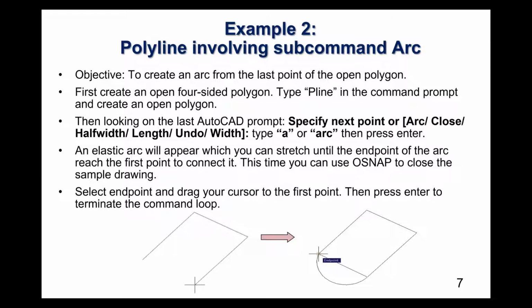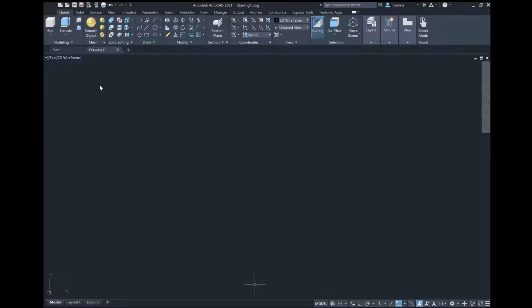Let me now demonstrate on AutoCAD. Okay, quickly now, start by typing PL for polyline and enter, and then I am going to specify the start point, which is just a random point.